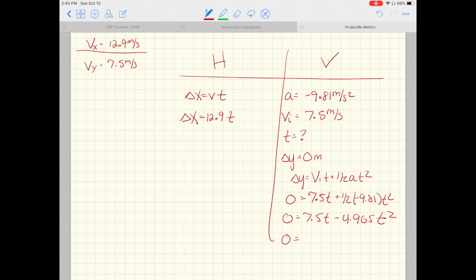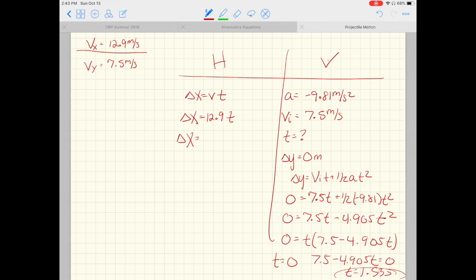But lucky for us, we can factor this one by pulling out a t, because t is common to both. So either t equals 0 or 7.5 minus 4.905t equals 0, which means that time is either 0 or time is 1.53 seconds. Now, obviously, it makes sense for time to be 1.53 seconds.